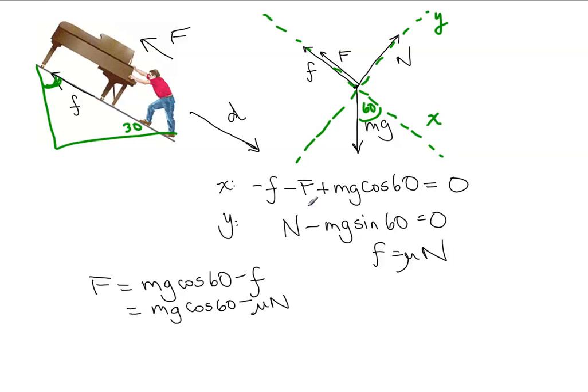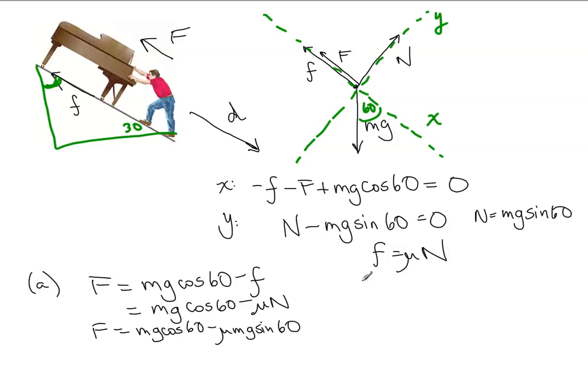And I know that the normal force from here is going to be equal to mg sine 60. So that tells me that for part A, the force that the man is pushing with has to be mg cosine 60 minus mu mg sine 60. Okay, I think that's the hard part.